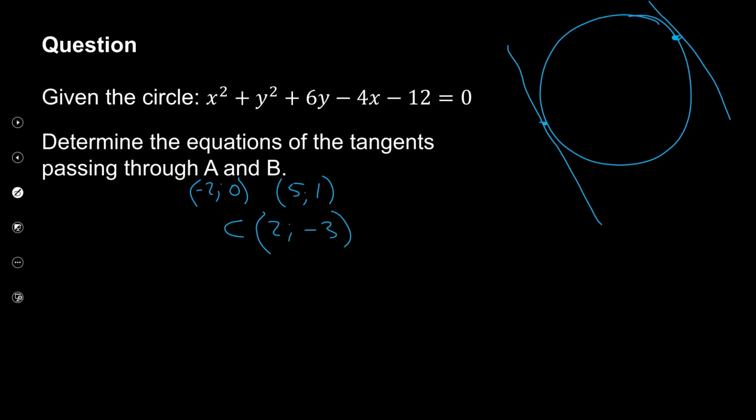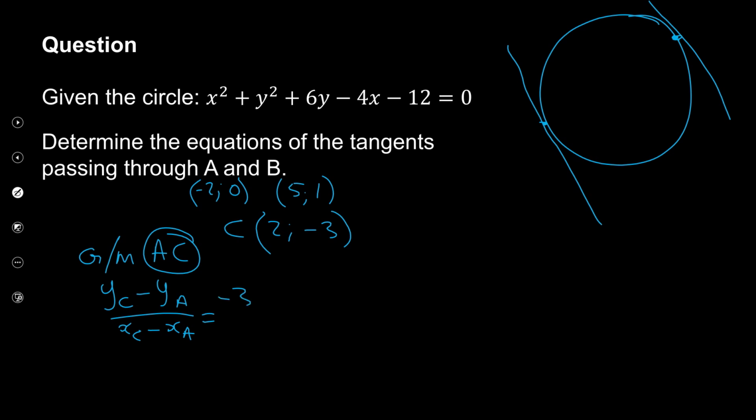And then I will need to find the gradient, which is the same as m of AC, right? With that, the gradient of this AC will be y at C minus y at A over x at C minus x at A. This will be y at C is minus 3, y at A is 0, divided by 2 minus minus 2.